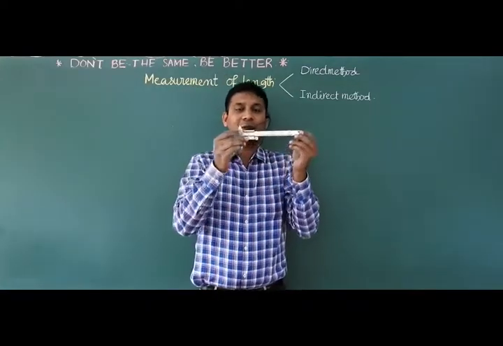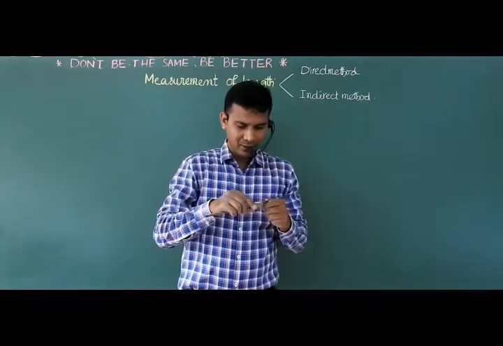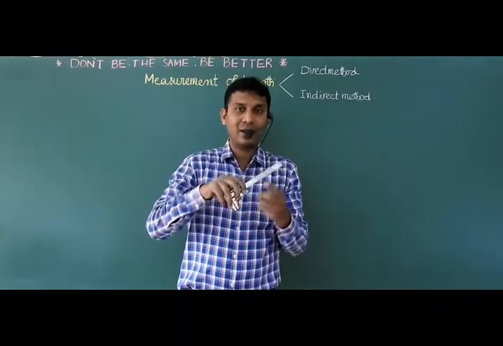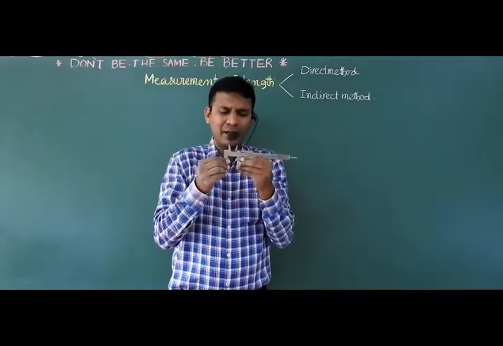This is what actually vernier calipers. I don't know exactly whether you discussed it in your school standard or not. So this is vernier calipers. What is the use of this vernier calipers?